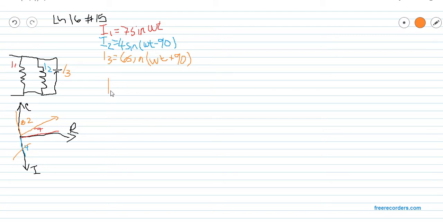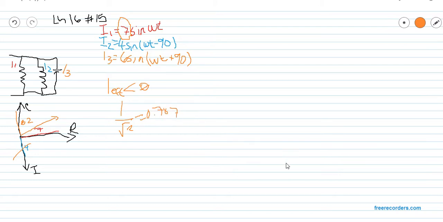It's going to be I effective, and then the angle at which it's dominant here, I, R, or C, whatever it is. I effective is basically your maximum, so for this example, 7 multiplied by 0.707, which is 1 over the square root of 2.